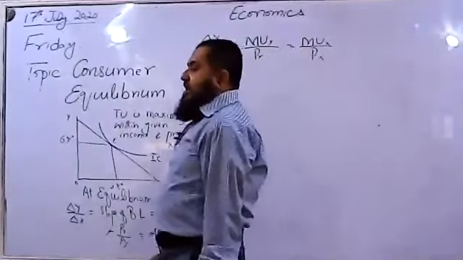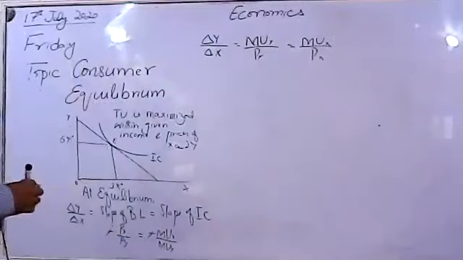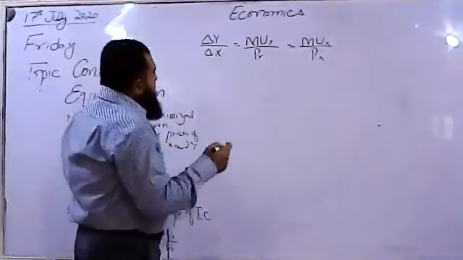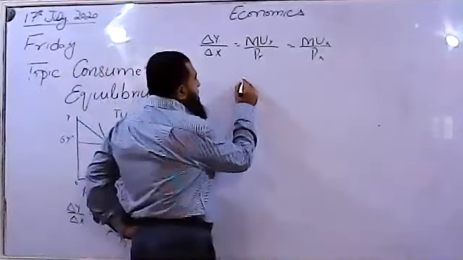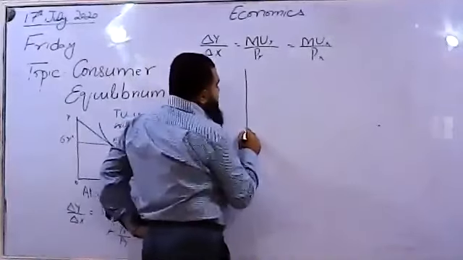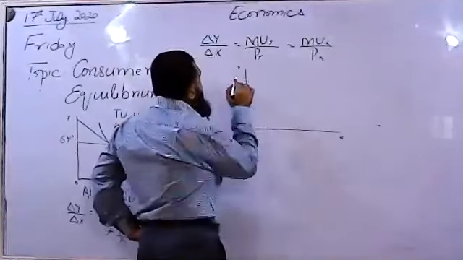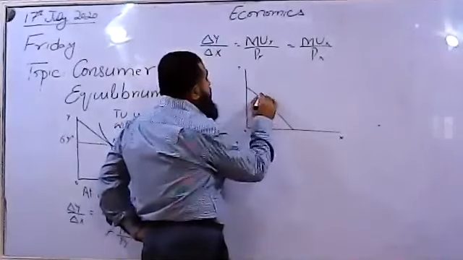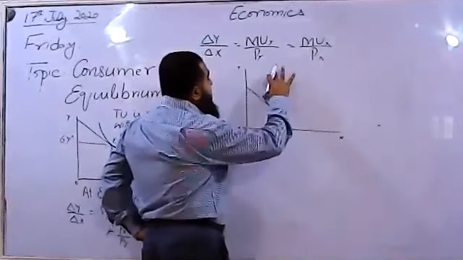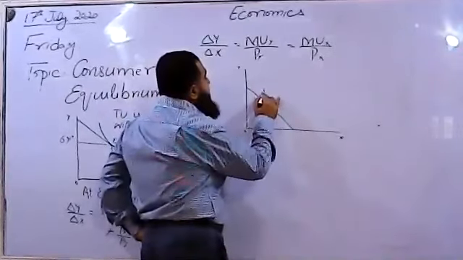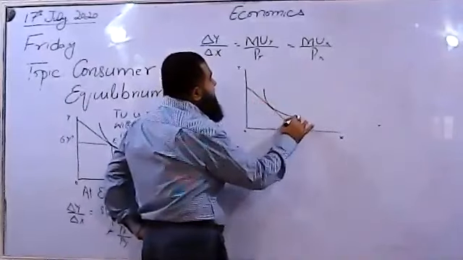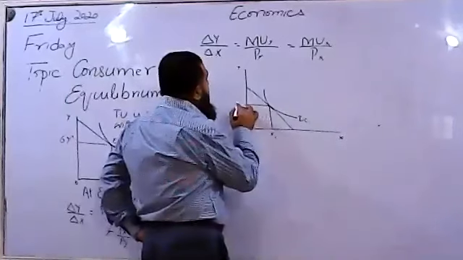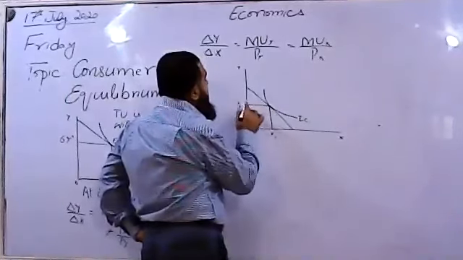Now, this was our recap of our previous lesson. Now I'm moving towards today's lesson. I'm going to find out what happens if the consumer faces an increase in his income. Previously, he consumed at this bundle, where his present indifference curve is tangent to the budget line at X1 and Y1.